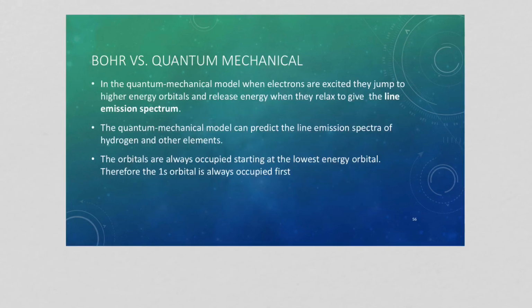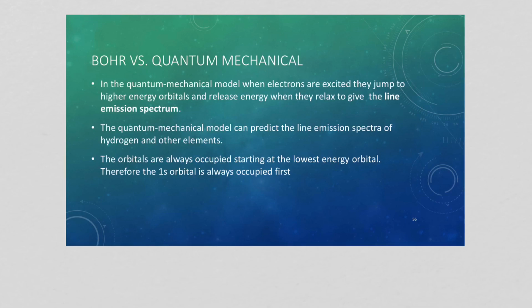So if we summarize and look at the comparison between the Bohr model and the quantum mechanical model: in our quantum mechanical model, electrons are excited, they jump to a higher energy orbit, they release energy when they relax to give the line emission spectrum. This can be shown by both models equally well.